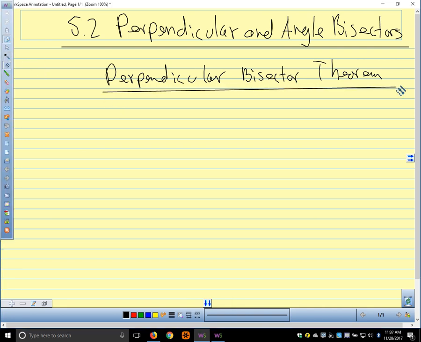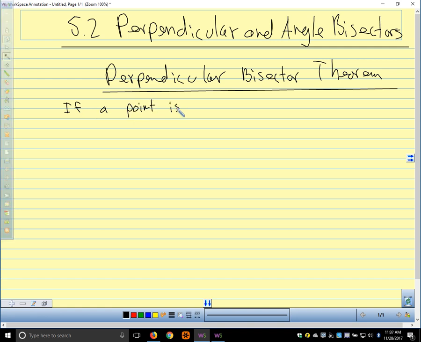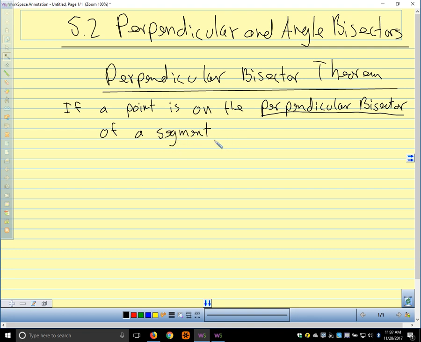So what the perpendicular bisector theorem tells us is that if a point is on the perpendicular bisector of a segment, then it is equidistant from the endpoints of the segment.